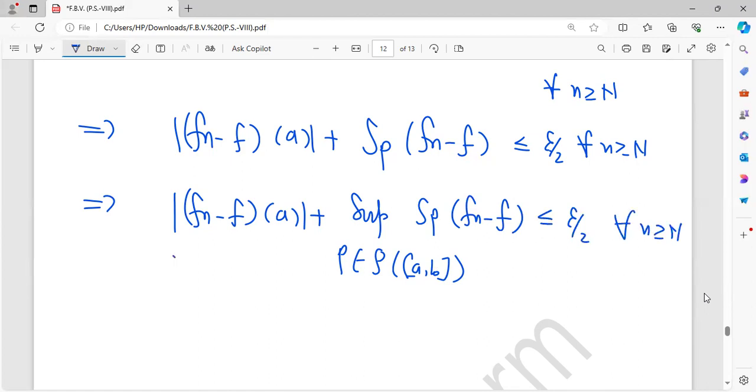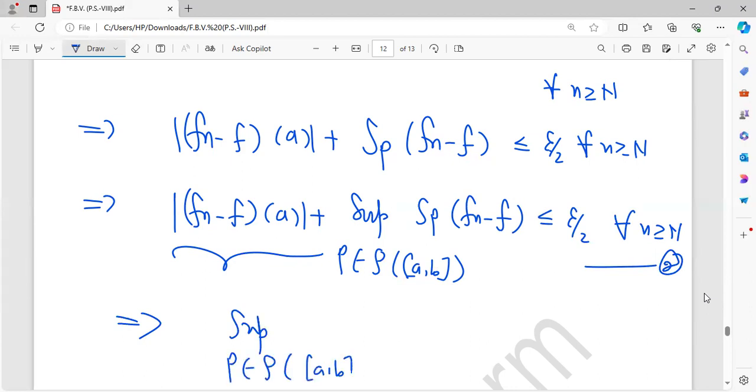Okay. Because this is a non-negative quantity, let's say this is equation number 2. This implies the supremum over P belonging to the partitions of [a, b] of S_P(Fn minus f) is less than epsilon by 2.